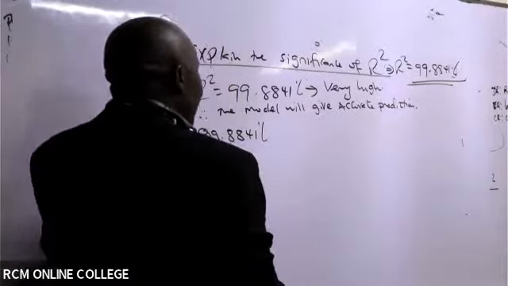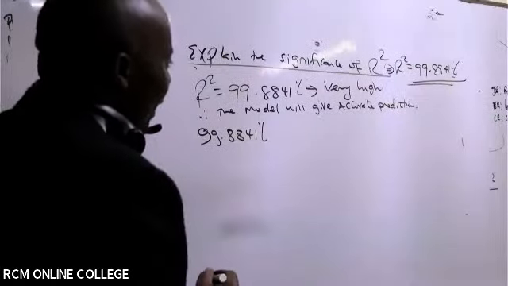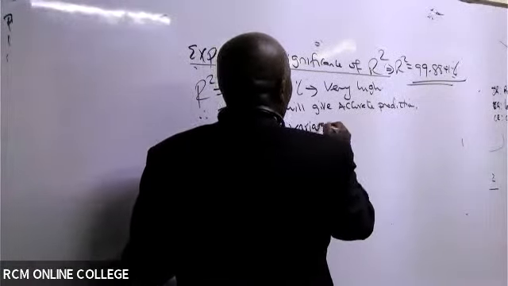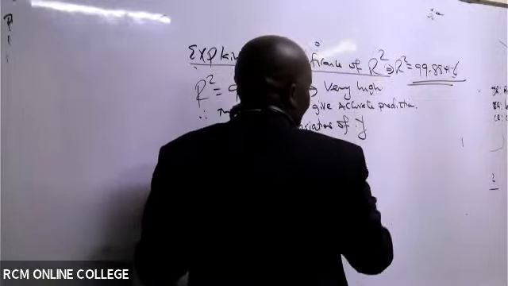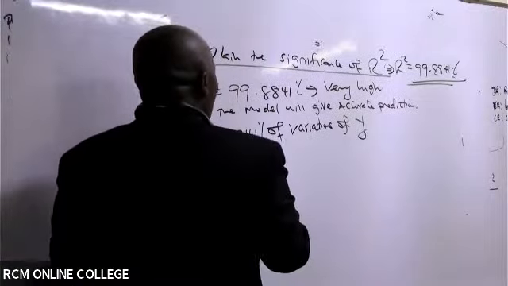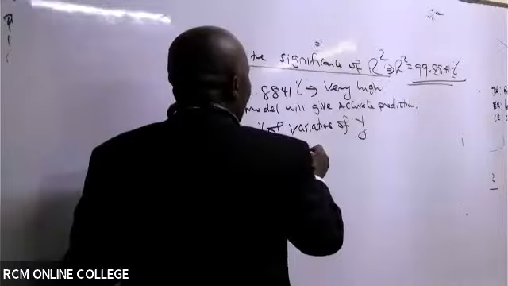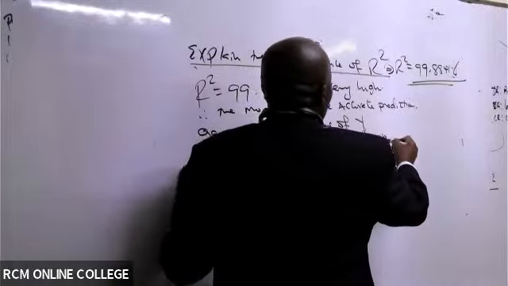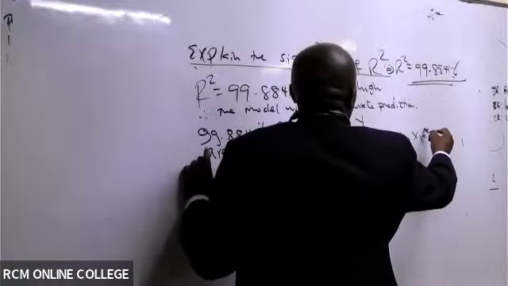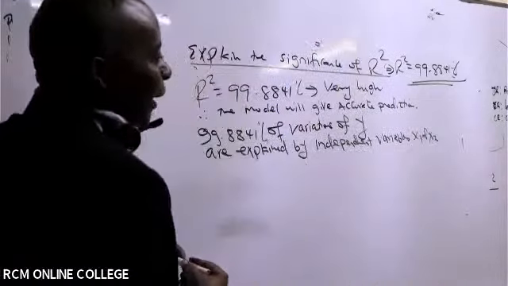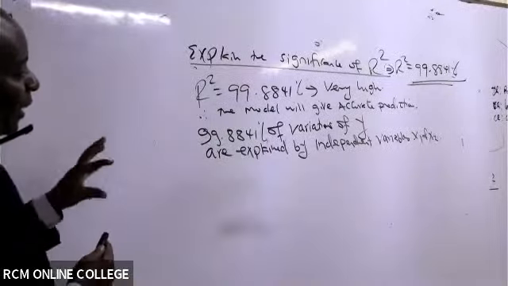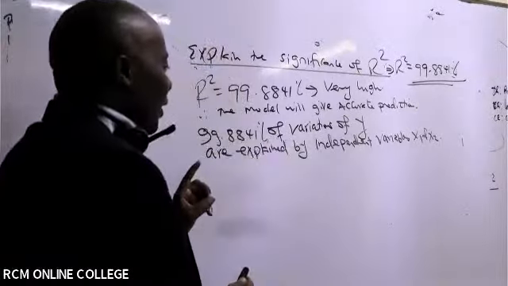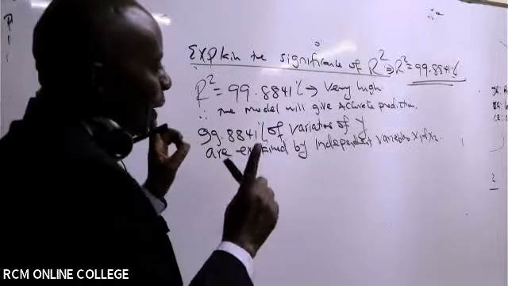It means that 99.8841% of variations of y are explained by independent variables x1 and x2. 99.8841% of variations of our dependent variable, which is y, are explained by our two independent variables.